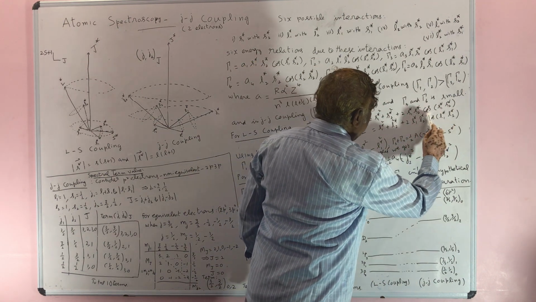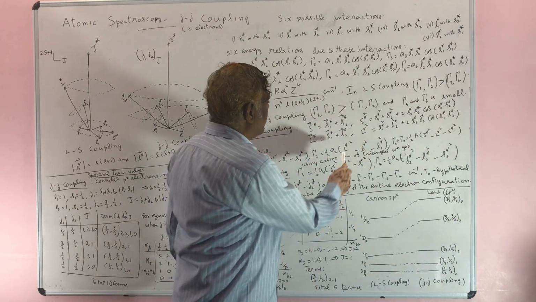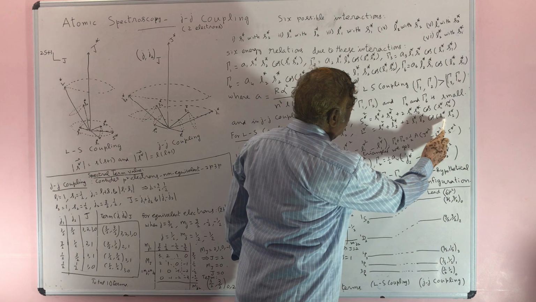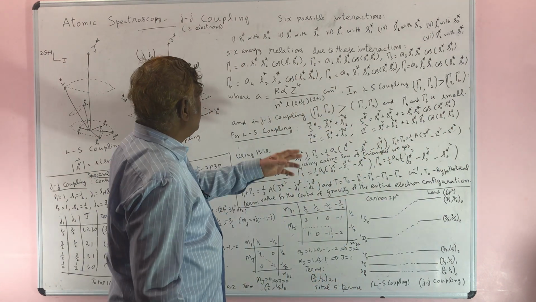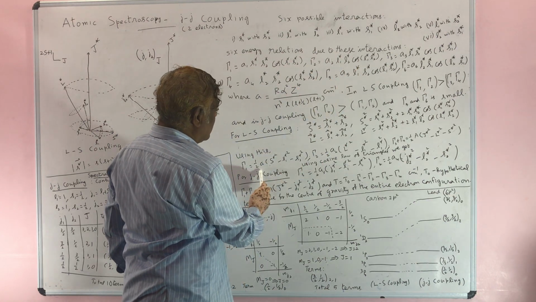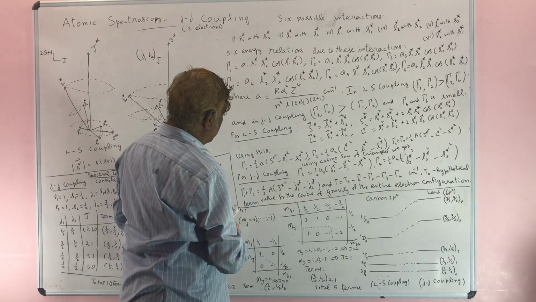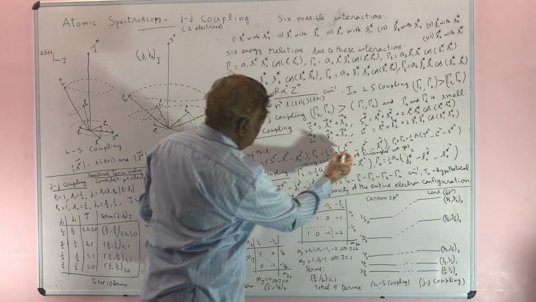So the cosine of this angle can be determined from this expression. Similarly, the cosine of the angle between L1 and L2 can be determined from this expression. That can be substituted here, and you get gamma 1 as this expression, and gamma 2 as this expression.